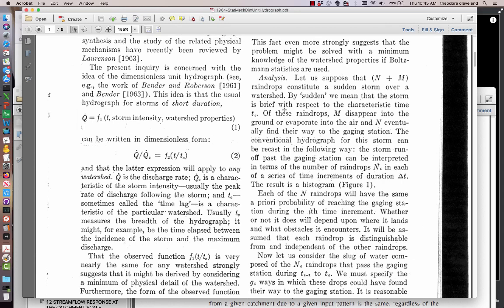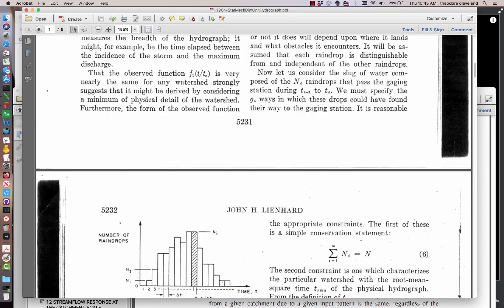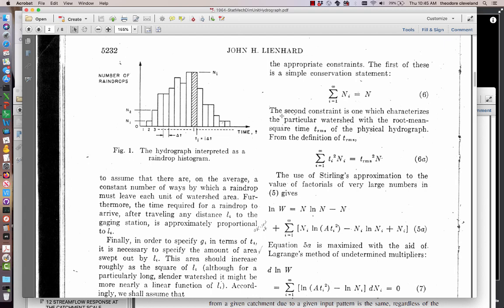You have to read all this for your homework, so I'm not going to read it to you per se, but some of the key things to notice is there's this idea of time intervals, delta t, just like I'd drawn in my notes. And in his case, it was raindrop number, which can be converted into what we know as a depth. You assume all the raindrops are roughly the same size. You know what the count is. Count times volume over a unit area gives you depth.